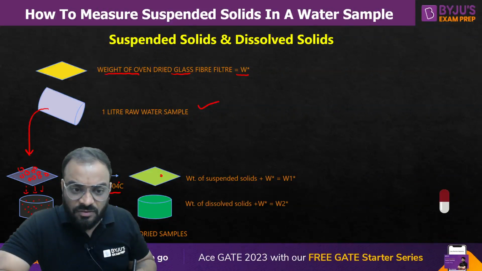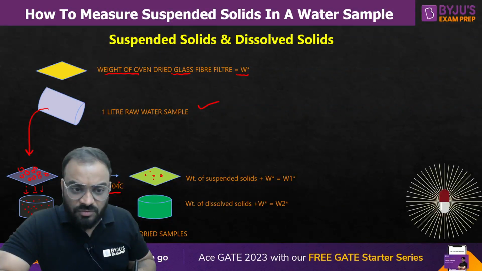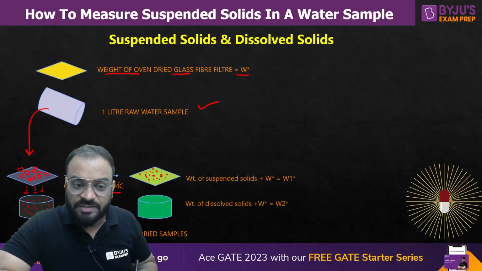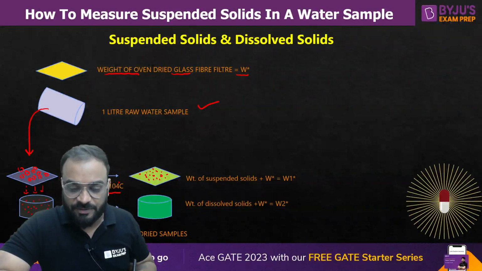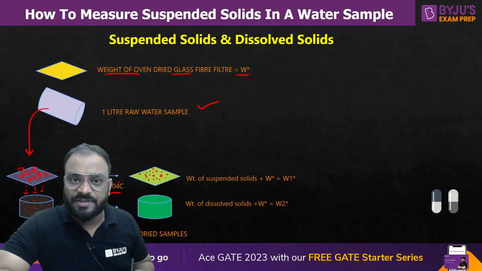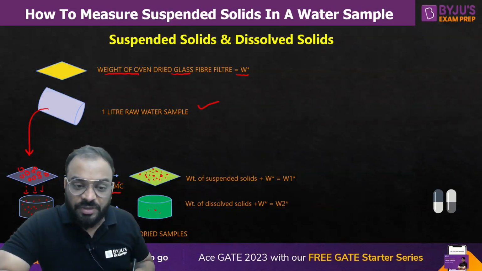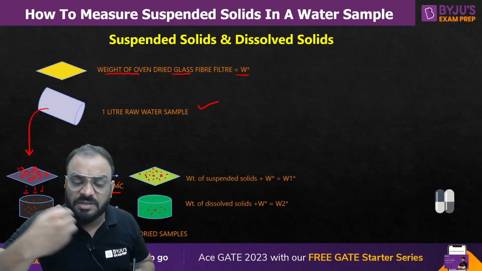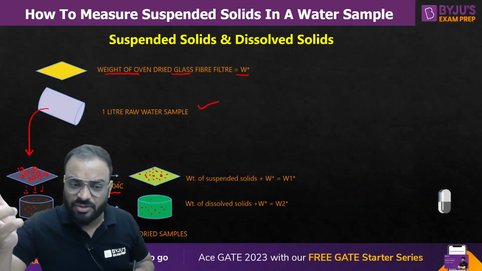One is this particular sample in which the water has been removed, only the solid particles are there as well as the glass fiber filter. In the second portion in which the crucible is there, in crucible you may have the solid but the water is removed by evaporating, you can say that.